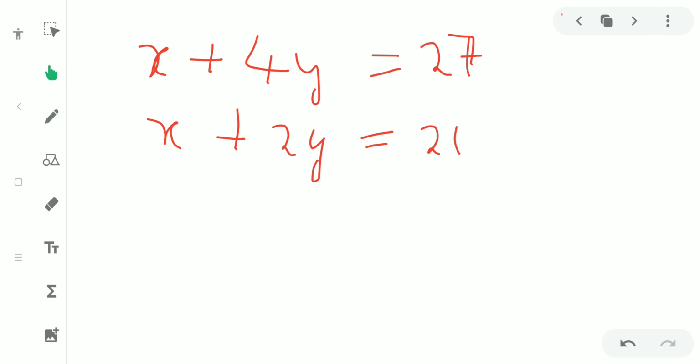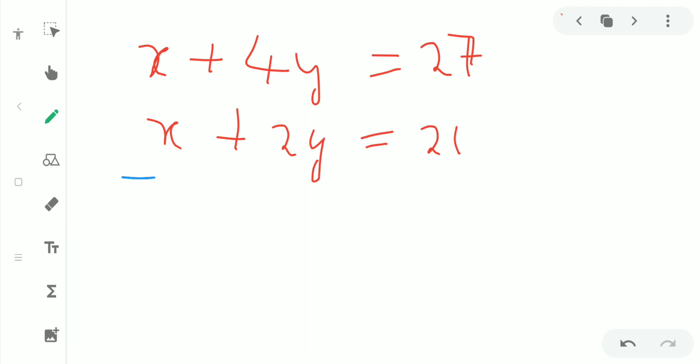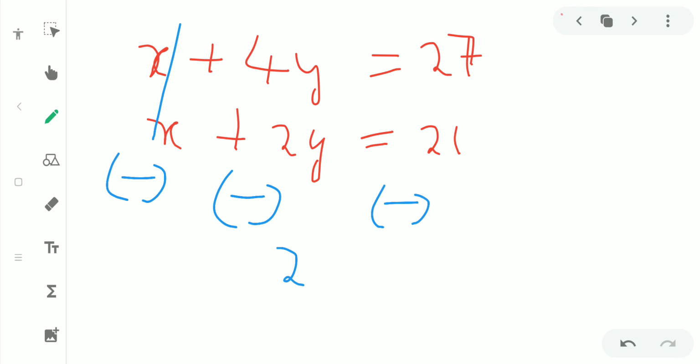There is no need of multiplying because we already have x and x, so we will subtract. x and x will be cancelled, and here also we should change the signs. So we are getting 4 minus 2, nothing but 2y, is equal to 27 minus 21, which is nothing but 6.